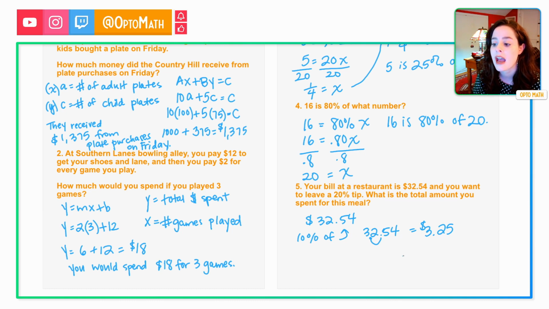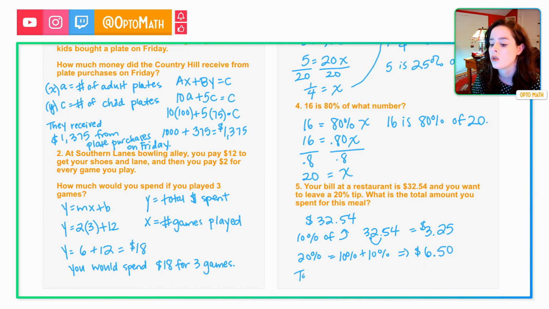So let's add this to $3.25 because 2 10% make up a 20%. So let's write that. 20% is 10% plus 10%. So that's going to give us $6, and 25 and 25 is 50, so $6.50.